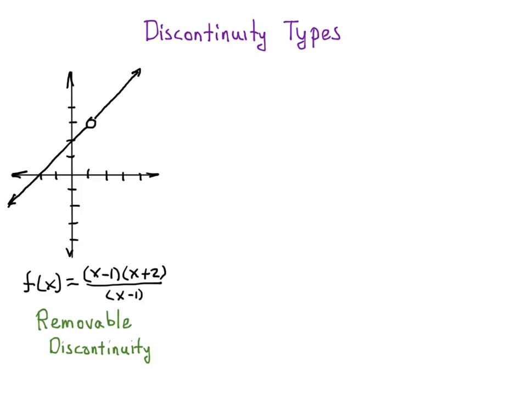The reason we call it removable is that we could easily change the expression to cancel out the x minus 1, and then we would have an equivalent function that's the same as f at x everywhere except where x equals 1. We could then calculate what the limit should be.